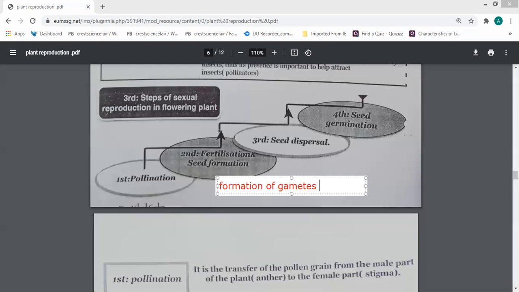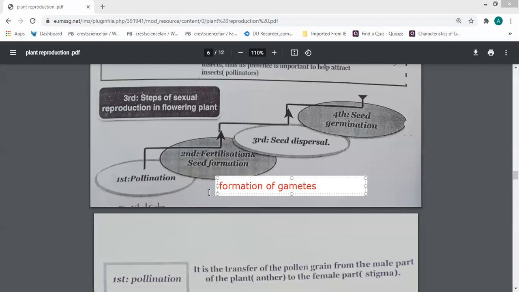What is the meaning of pollination? Pollination means transfer of pollen grains from the male organ, the anther, to the female organ, the stigma.